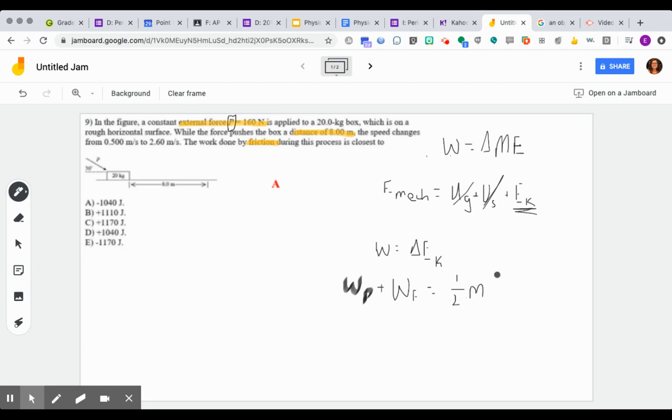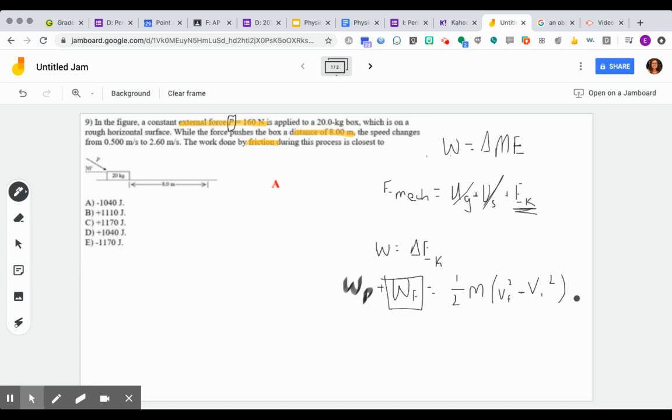1/2 mv squared minus 1/2 mv squared. And I'm just going to consolidate that to the final minus the initial velocity, squared. So specifically, we want to isolate just the work due to friction.